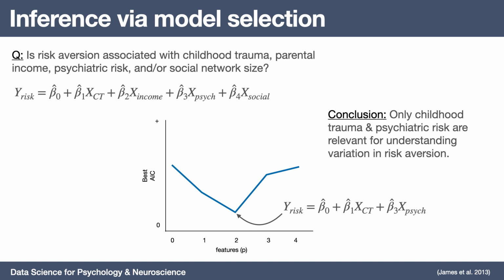So my conclusion is going to be that only childhood trauma and psychiatric risk are relevant for understanding variation in risk aversion. Now, the individual regression coefficients, beta 1 and beta 3, might not themselves be statistically significant from 0. That doesn't matter in this case. This particular form of the model is the best model out of all possible combinations for explaining variance in y.